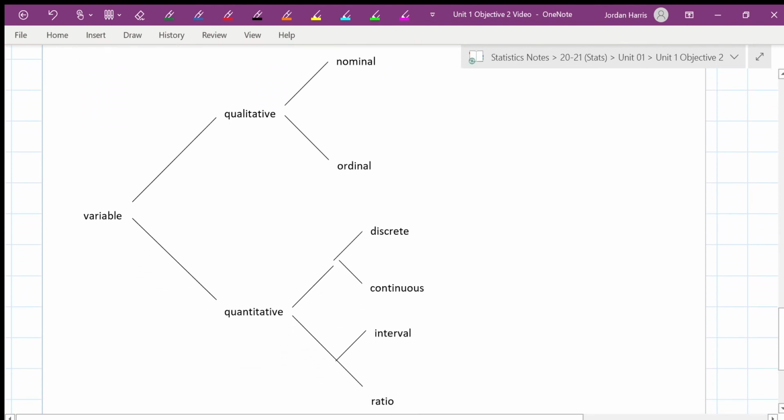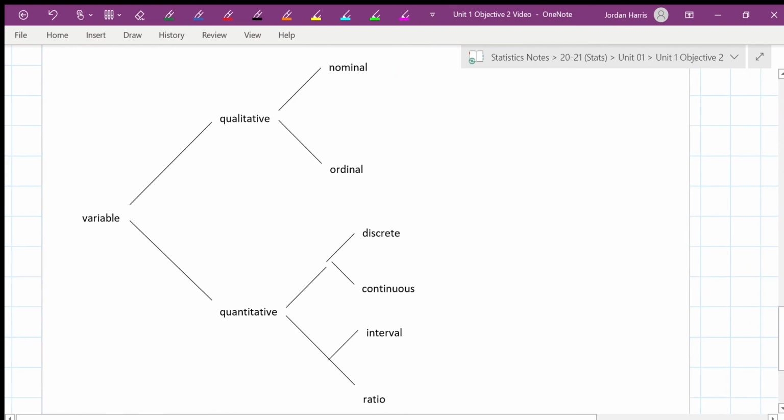Okay, and then I have this cool little tree diagram to help you. So every one of these is a variable. Okay, so they're all variables. It's either a qualitative variable or a quantitative variable. So every variable can be described as one of those. And every qualitative variable can be described as either nominal or ordinal.